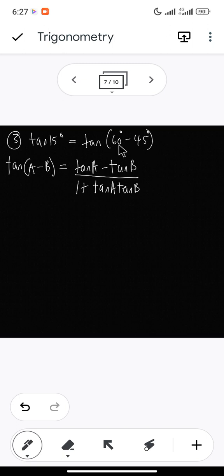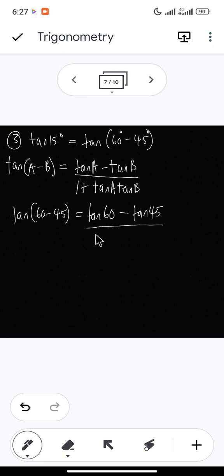So our 60 becomes A and 45 becomes B. That means tan(60 - 45) is going to be tan 60 minus tan 45, all over 1 plus tan 60 tan 45.